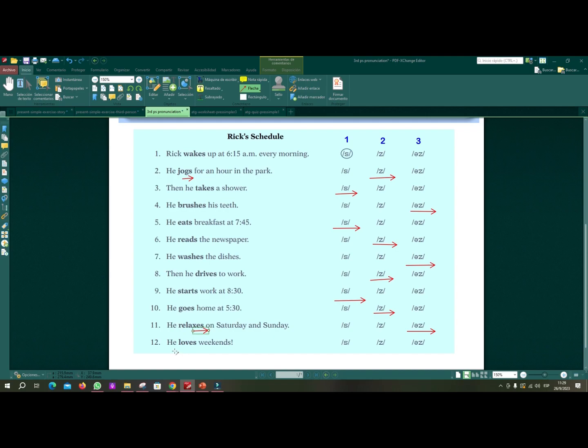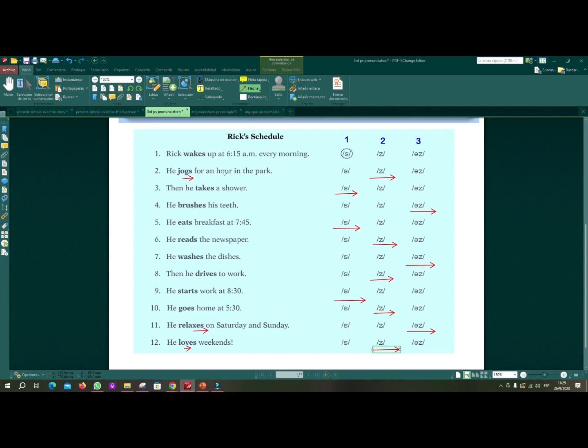And the last one, he loves weekends. So, love, in that case, vean, es una V, un sonido, the voice sound, right? It's loves. So, here you have the second one. Tenemos esta pronunciación. Loves, right?